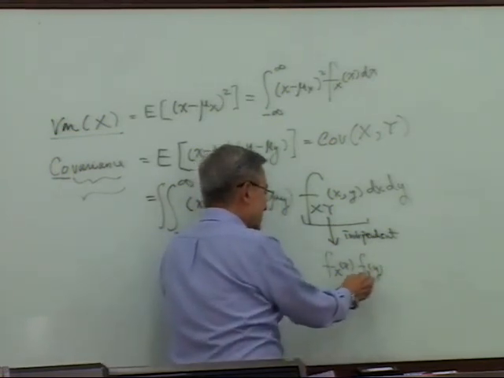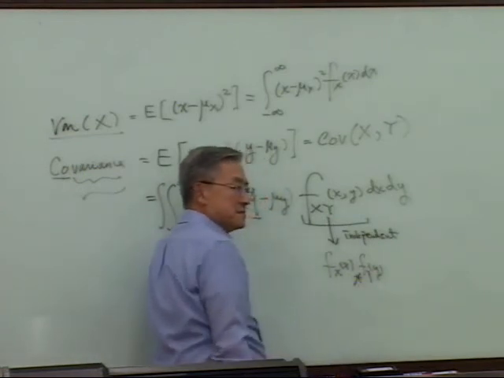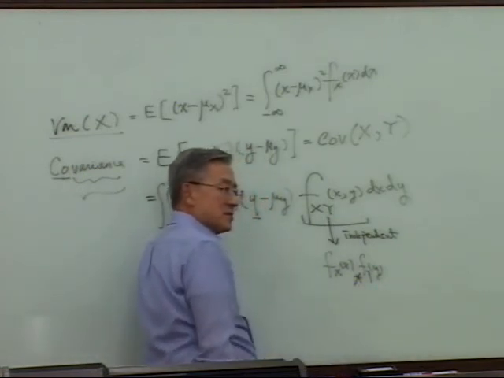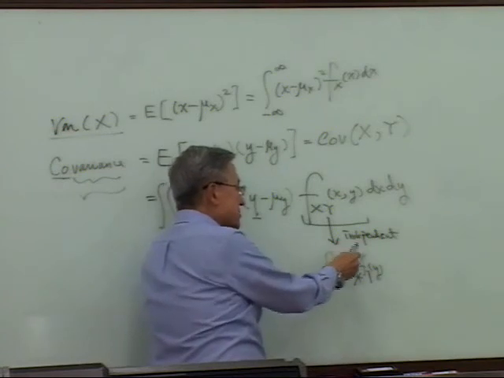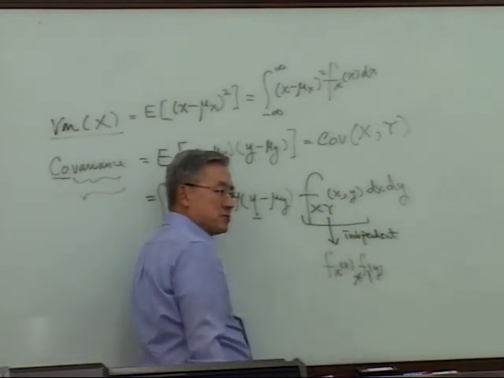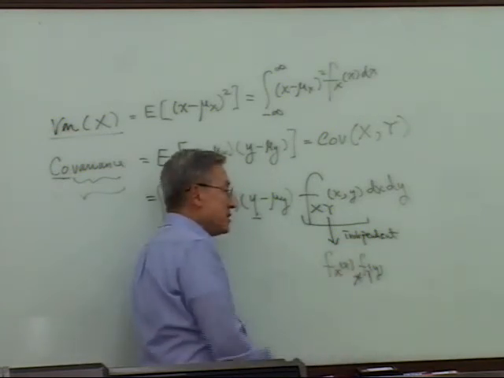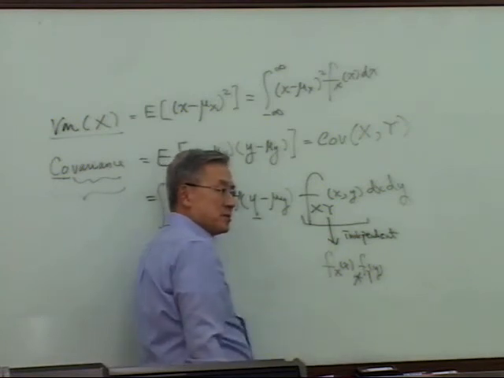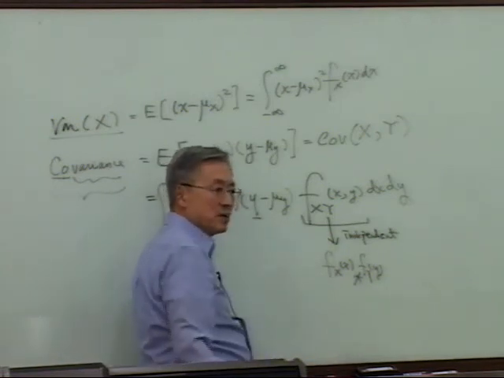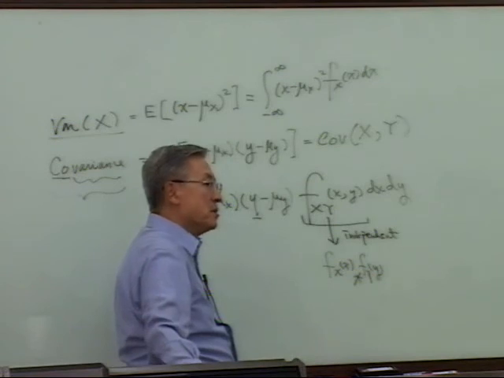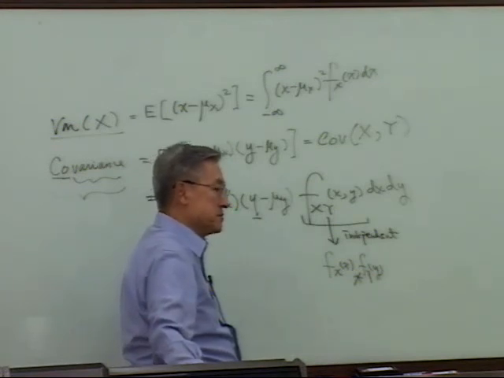Divorced, bad. So for statistically independent x and y, this joint probability density function can simply be the multiplication.